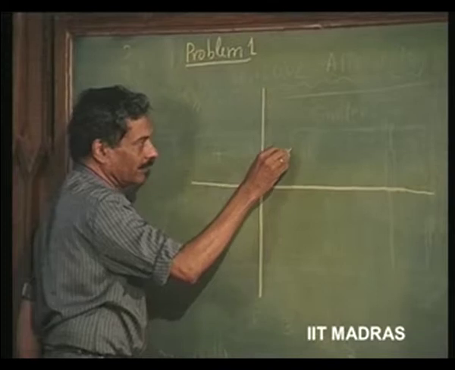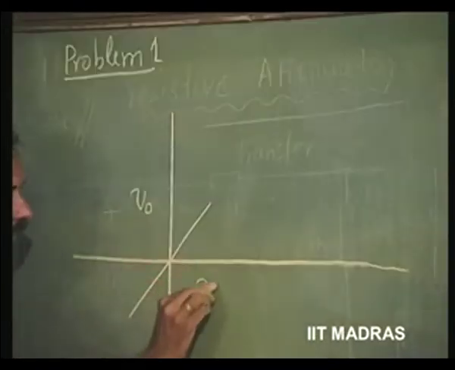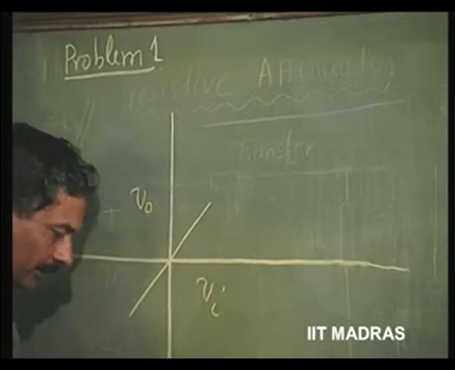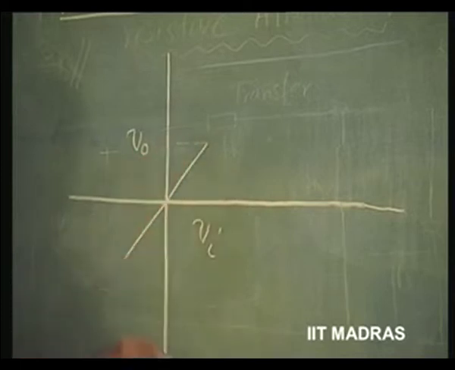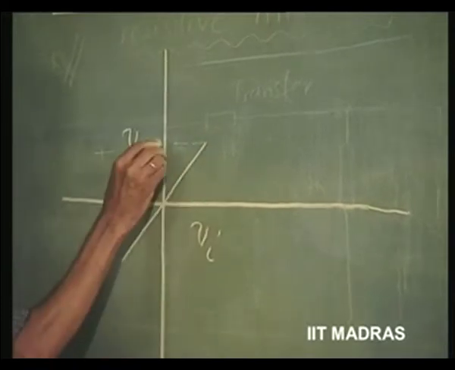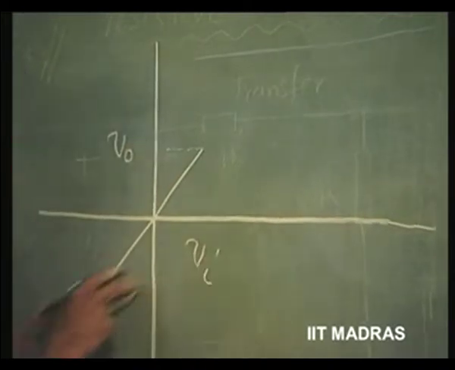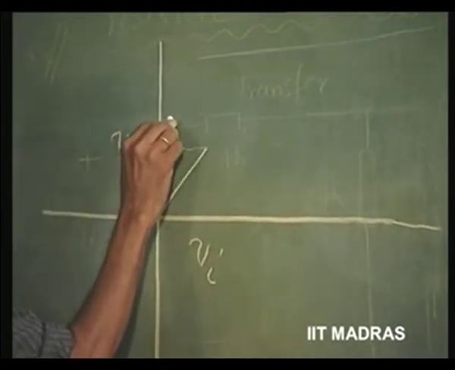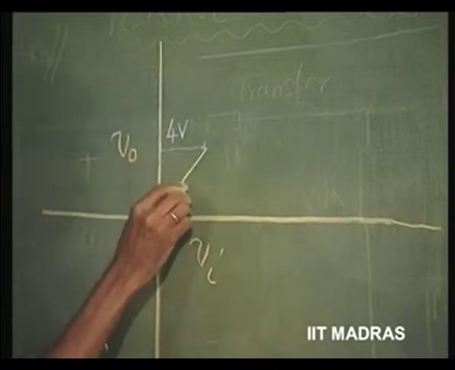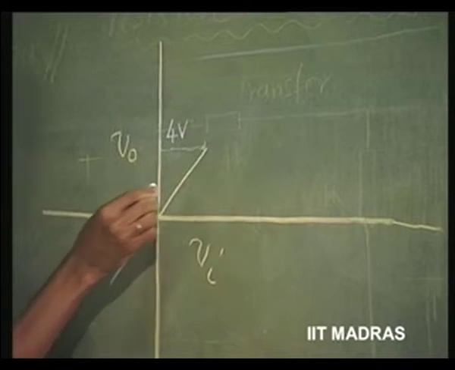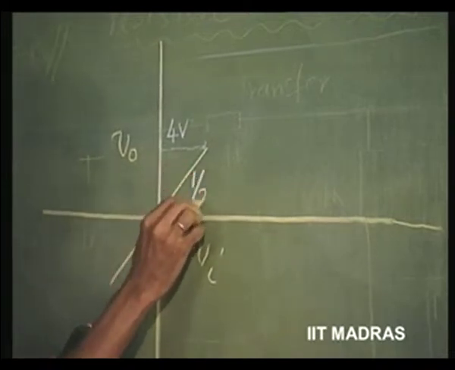So, let us see the characteristics here. V naught over Vi. I want it this way. It should change its characteristics first at V naught equal to, let us say, 4 volts. The slope up to that point is going to be, let us say, half.